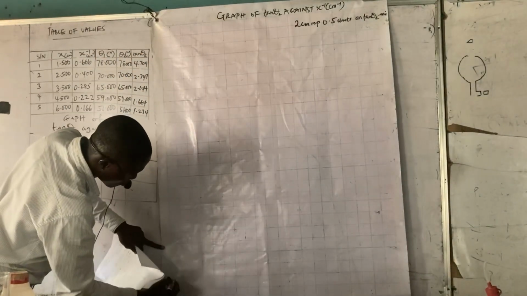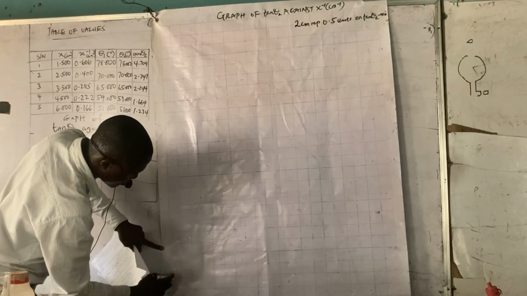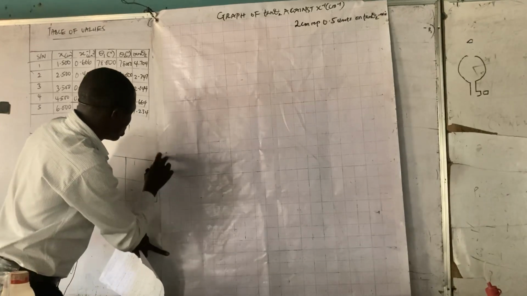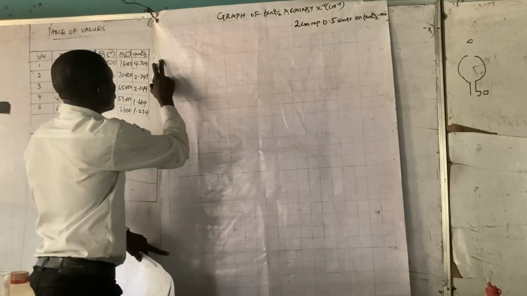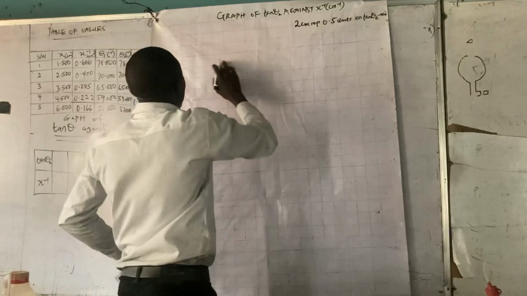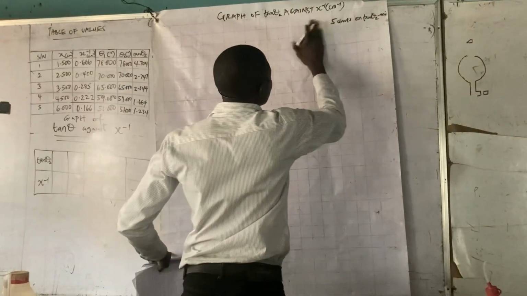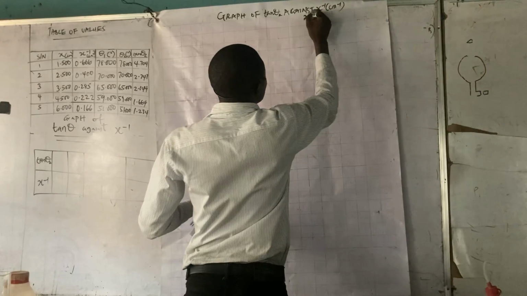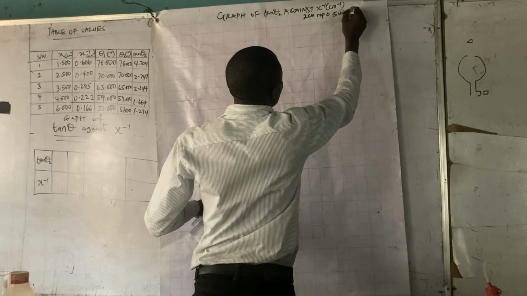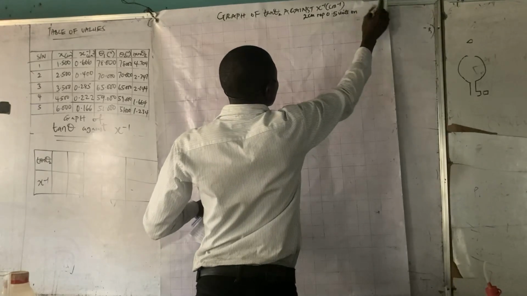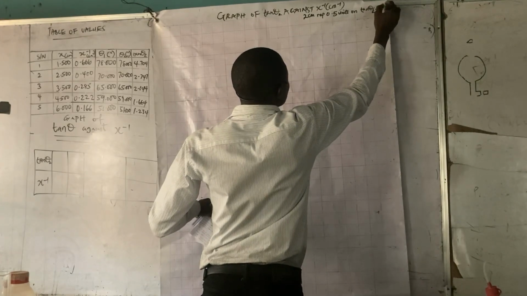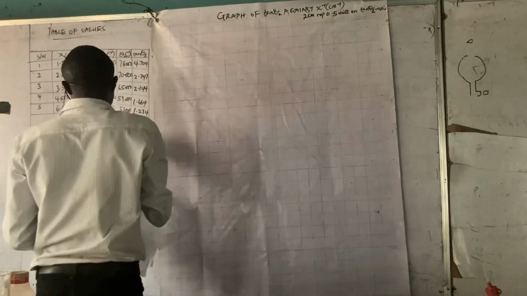So counting from here, let's start from here: 1, 2, 3, 4, 5, 6, 7, 8, 9, then 10. Now let me quickly adjust my point here. My unit here should be 2 centimeters represents 0.5 units on the tan 2 theta axis.